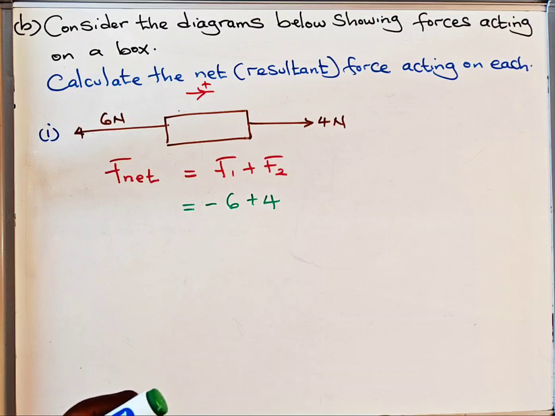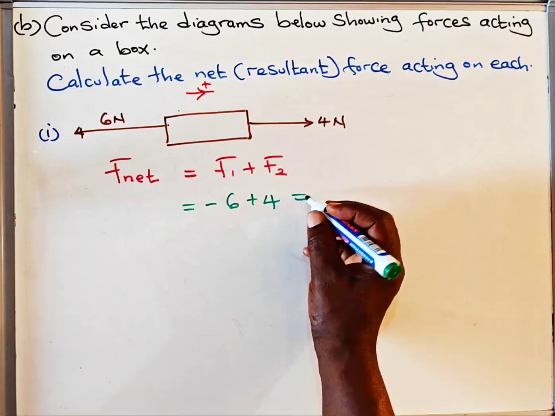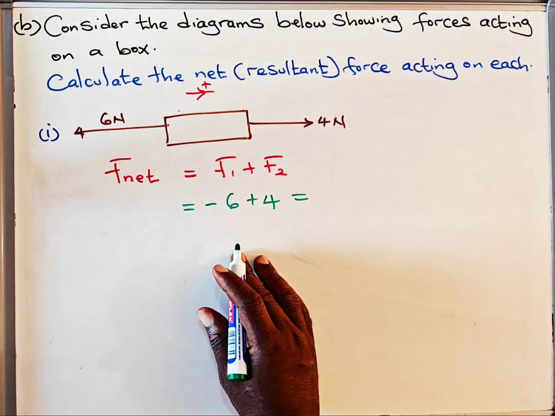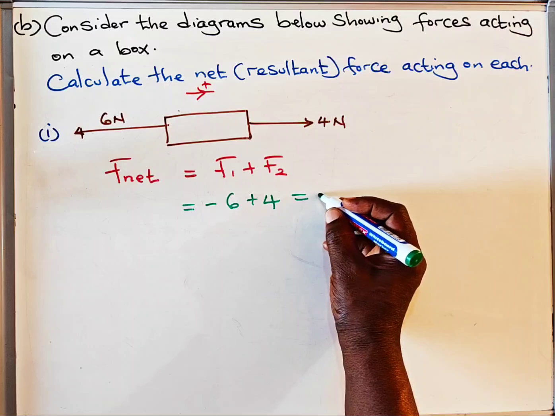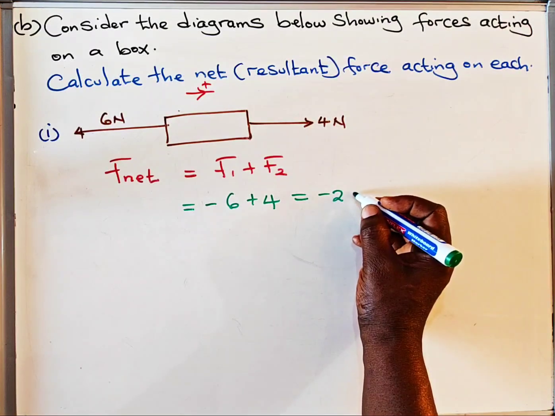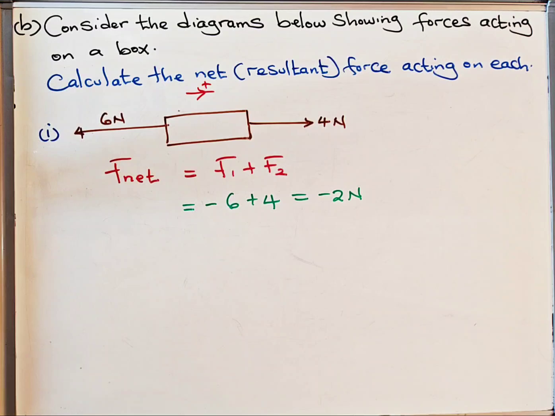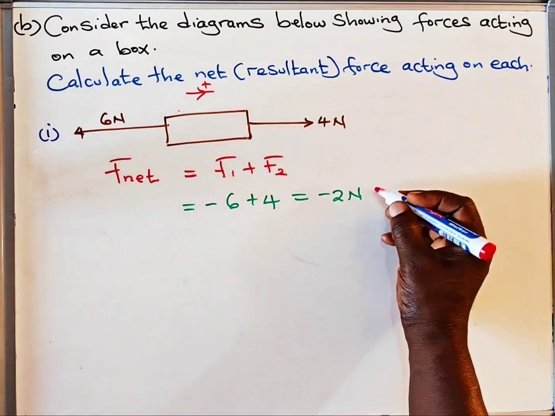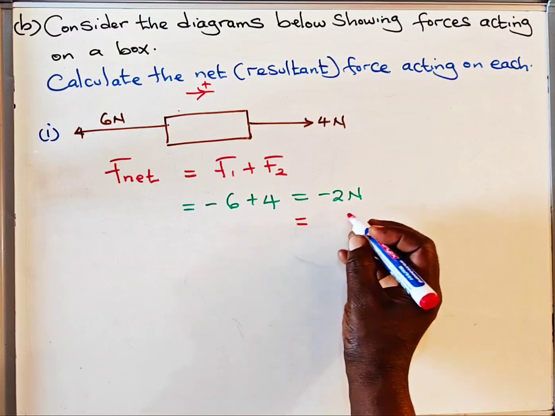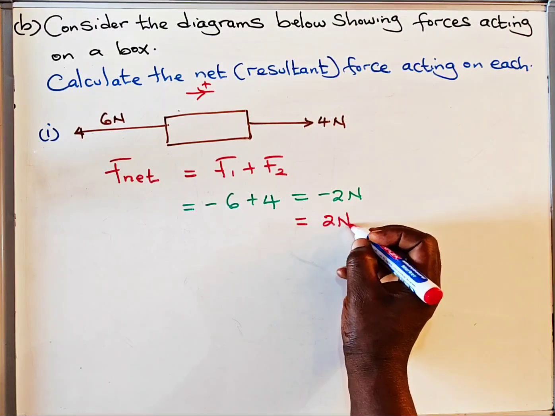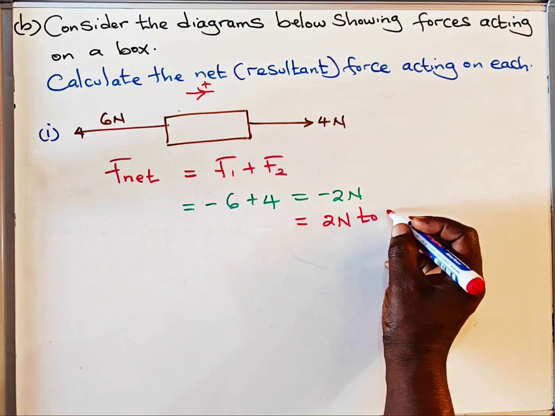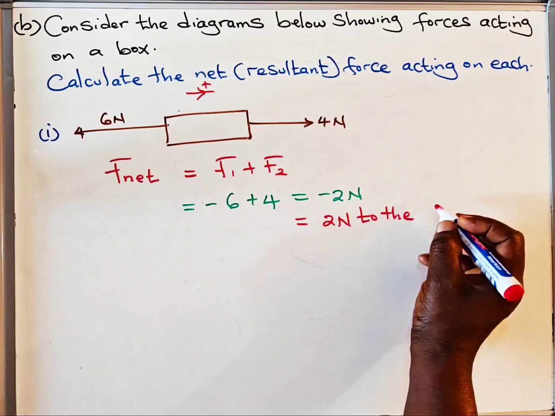What do we get out of here? We are going to get negative 2 newtons. And what does negative 2 mean to you as a scientist? It means 2 newtons to the left.